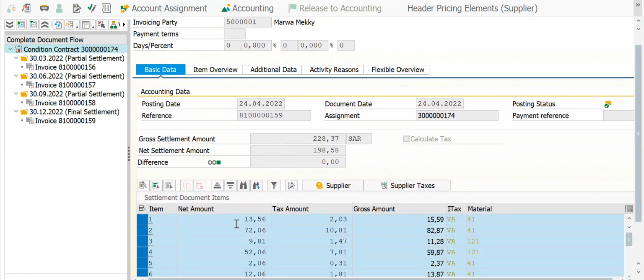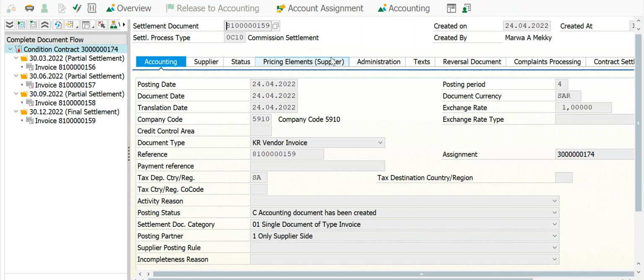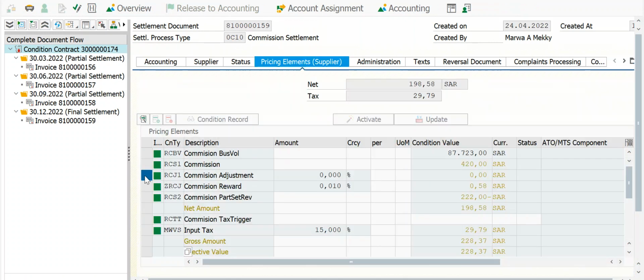Before we go into the item details, we will have a look at the header pricing. Here we will see the commission adjustment, this one. This condition type is quite important for us because it looks into the whole business volume, or the whole net value of the whole year for the previous quarters, and we'll see if the sales employee actually achieves their target or not.